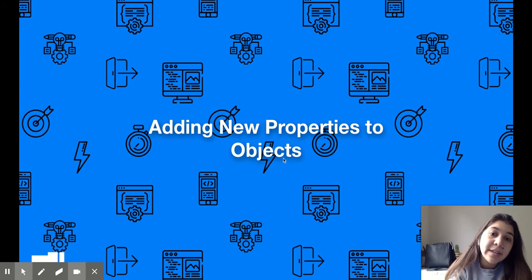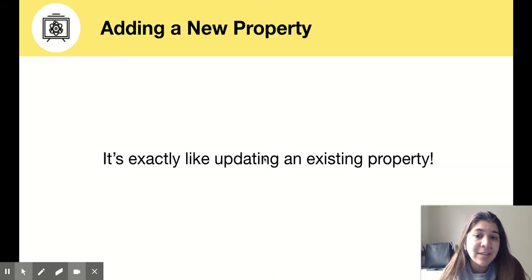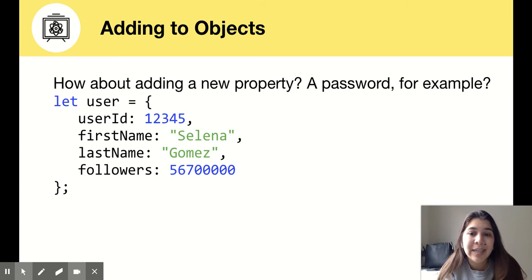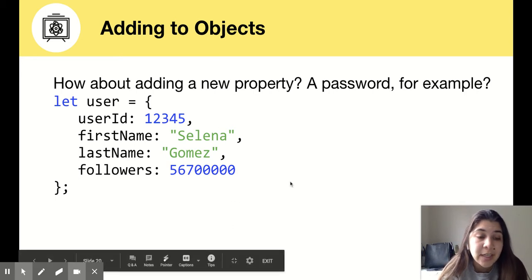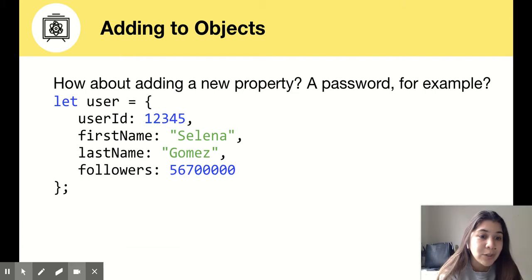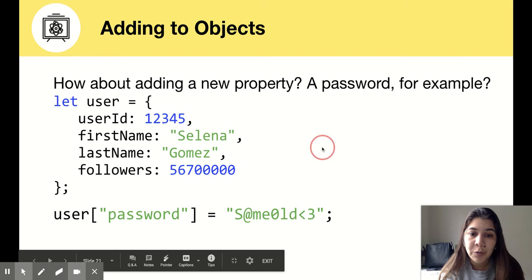If you wanted to add new properties to the object, it's exactly like updating an existing property. So if we wanted to give this username a password, we would say user.password equals, and then whatever value we want, or user brackets password, and then set it equal to whatever value we want.